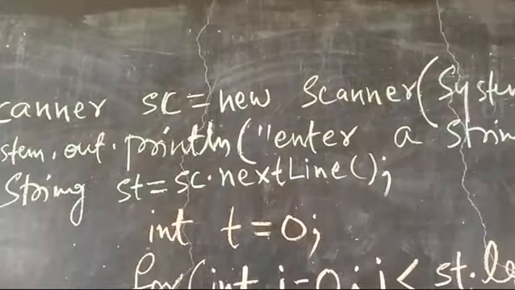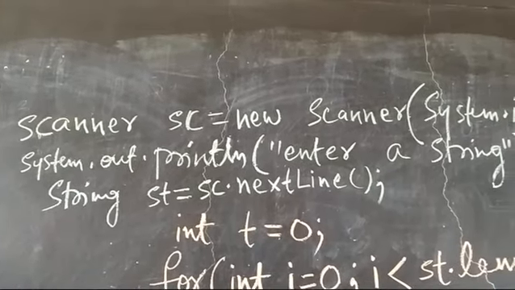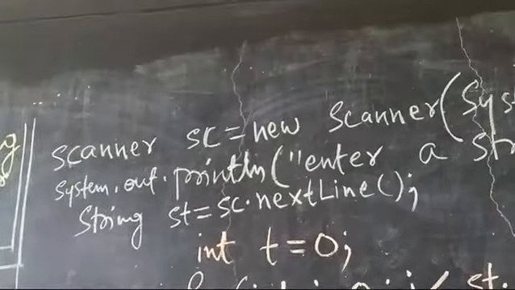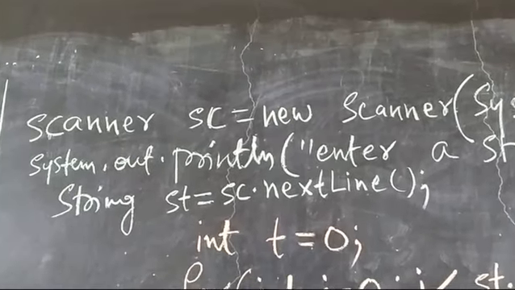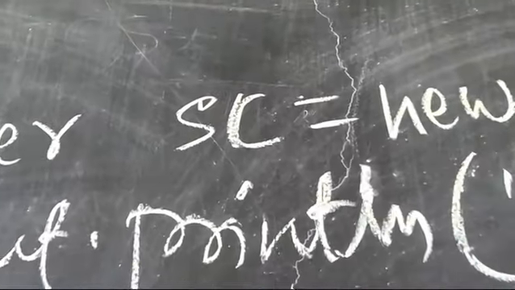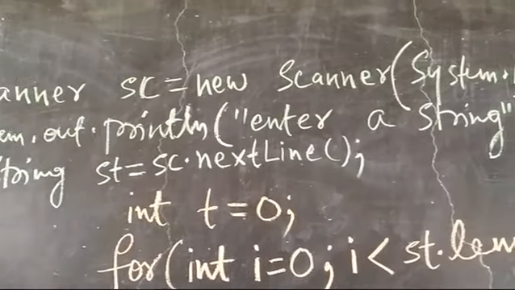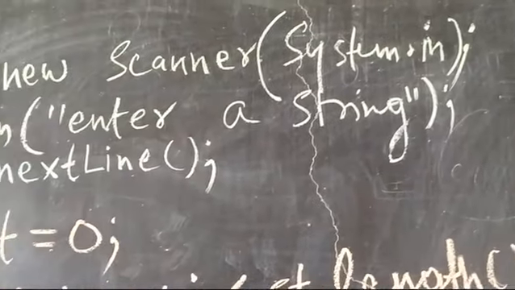Now you can see here, Scanner sc = new Scanner(System.in). This line we have to write to make an object of a scanner. What is the object name? The object name is sc. Next sentence is "Enter a string". Now we are inputting a string.